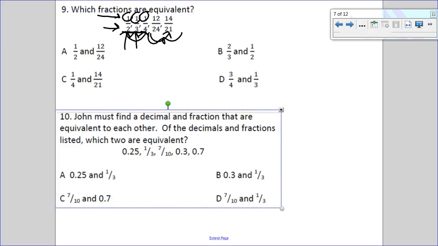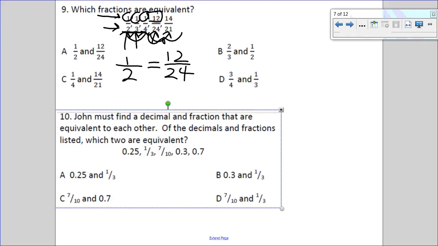So I'm going to look at 12 and 24. Well, what is the largest number that can divide evenly into both 12 and 24? Well, it's actually 12, okay? Because 12 will go into 12 one time. 12 will go into 24 two times. Well, actually, we don't need to go any further, because 1/2 equals 12/24.